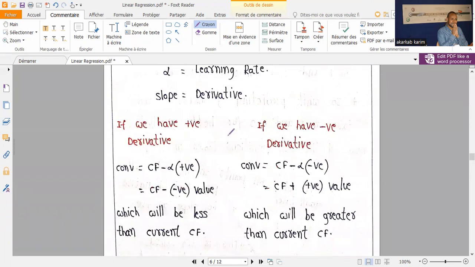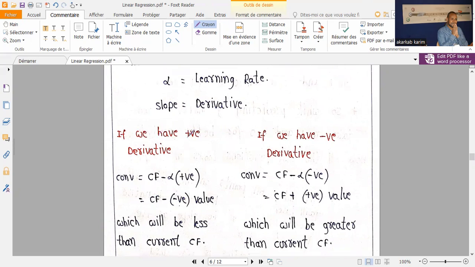Here we have two scenarios. If this slope is positive, the derivative is positive, the convergence will be the current function minus a positive value, which will be less than the current function.